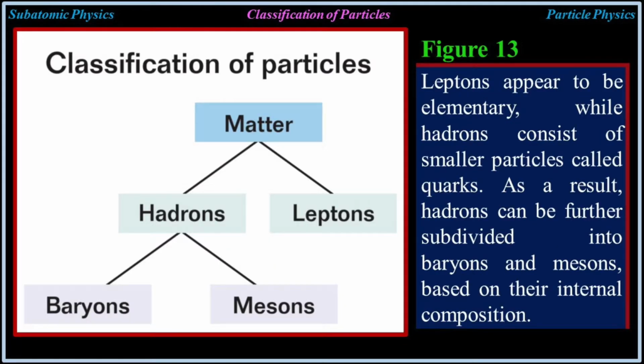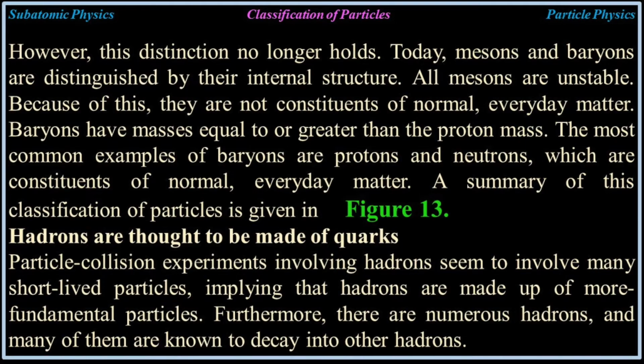Figure 13. Leptons appear to be elementary, while hadrons consist of smaller particles called quarks. As a result, hadrons can be further subdivided into baryons and mesons. Originally this was based on mass, however, this distinction no longer holds. Today, mesons and baryons are distinguished by their internal structure.